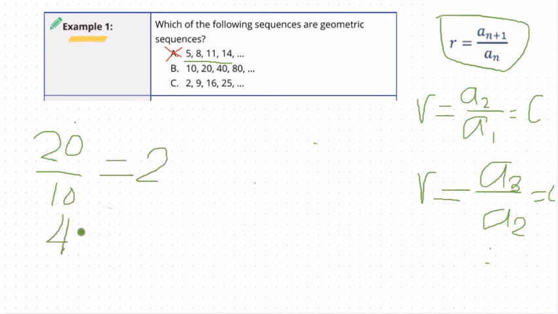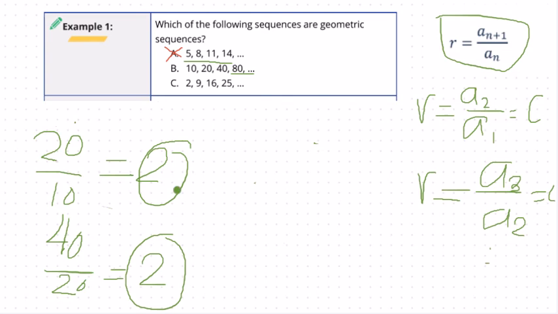If we divide the third term by the second term, that would also equal 2. And if we divide the fourth term by the previous term, 80 divided by 40, that is also 2. They are common, so this has a common ratio, therefore B is a geometric sequence.